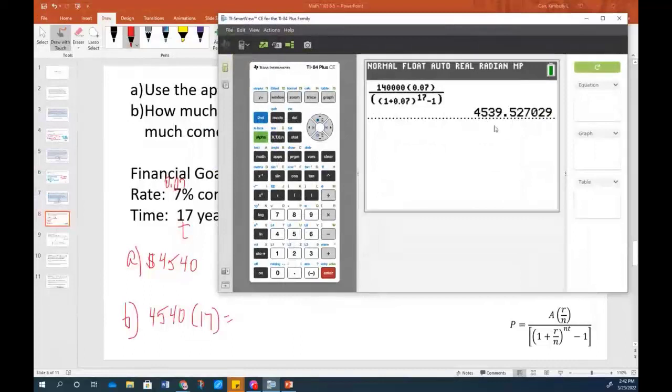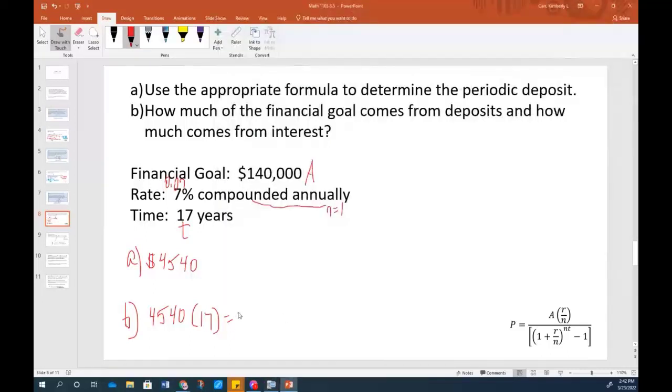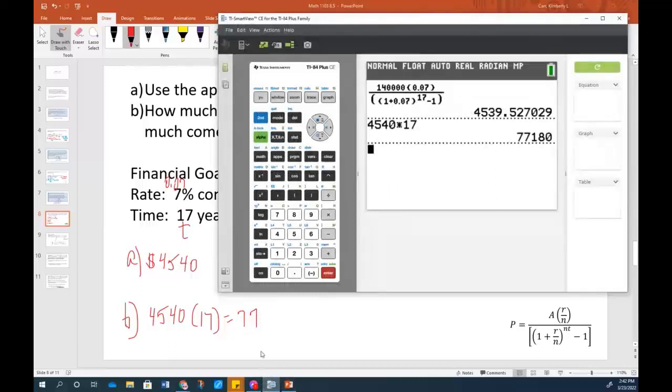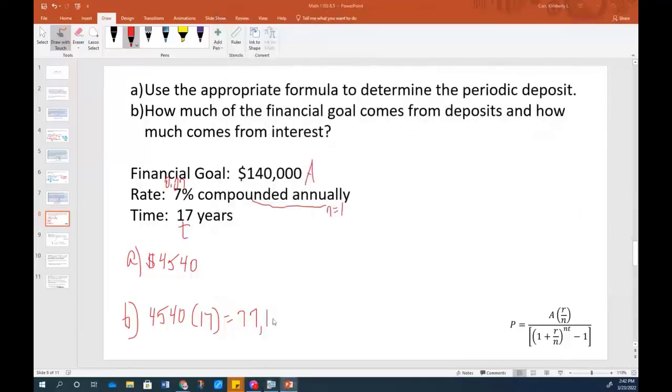Now this time, instead of just using my answer key, since I've rounded that off, I'm going to say 4540, and then times 17, because I only made the payments once a year, and that is $77,180. And so this is from deposits.